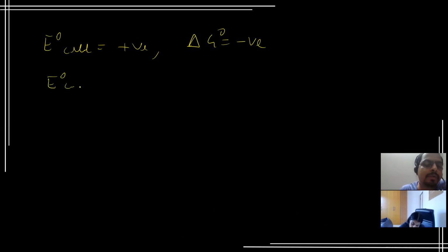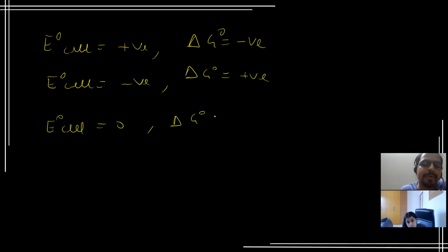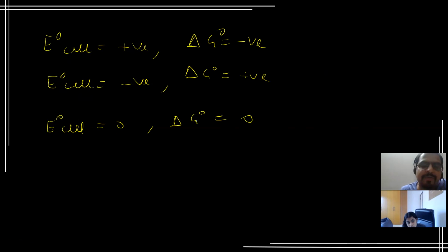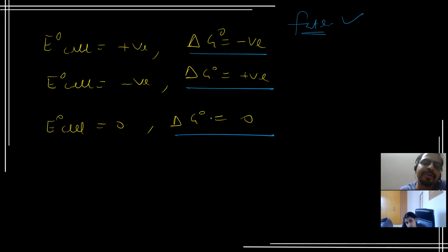When E naught cell is negative, delta G naught will be positive. And when E naught cell is equal to 0, delta G naught is equal to 0. Now what will be the fate of the overall process when delta G is negative, delta G is positive, and delta G is equal to 0?